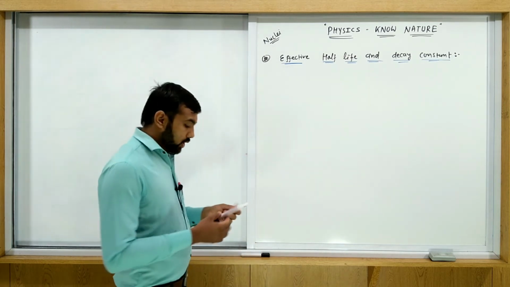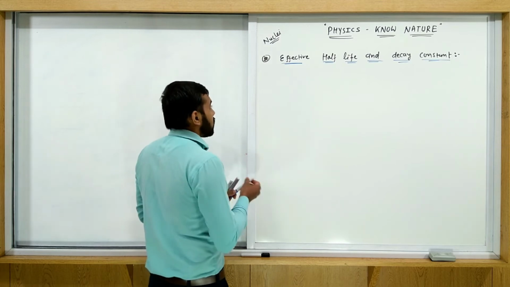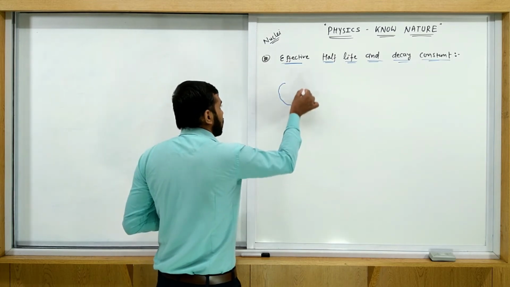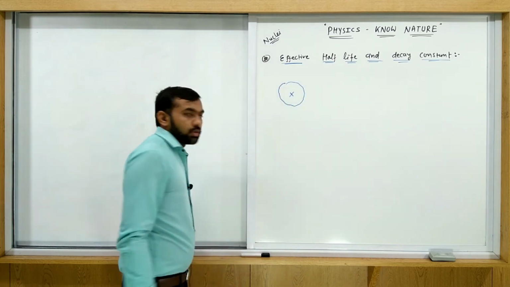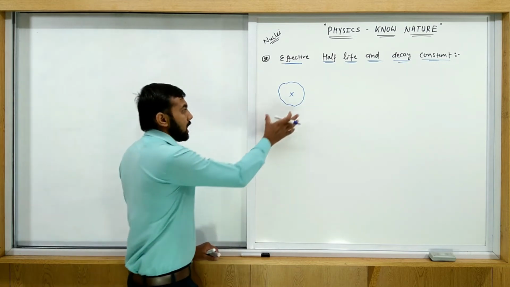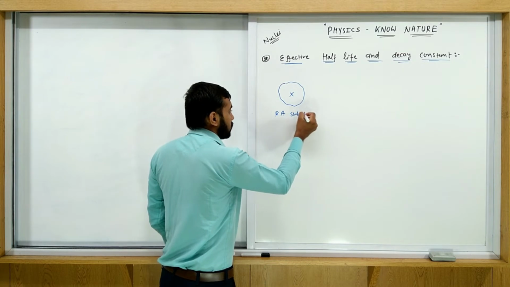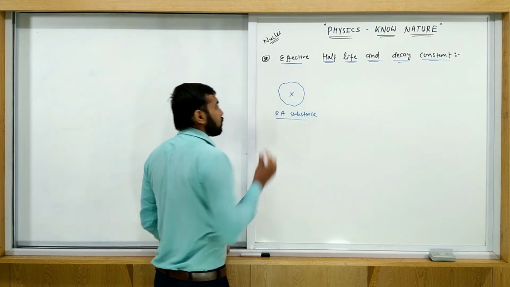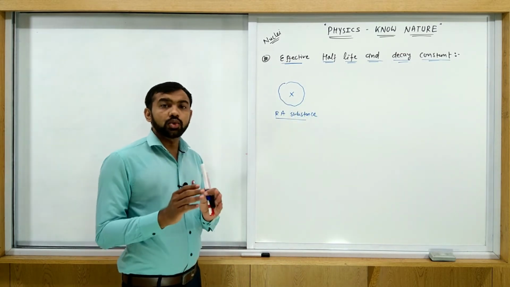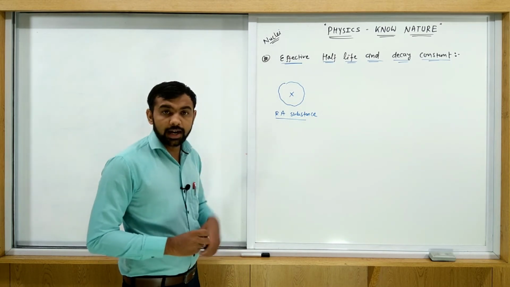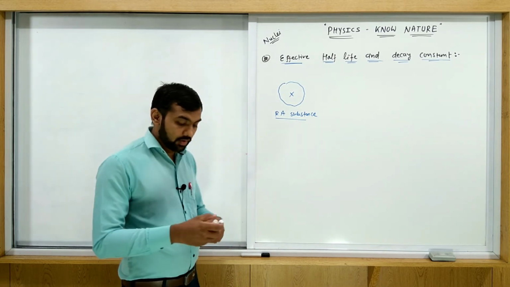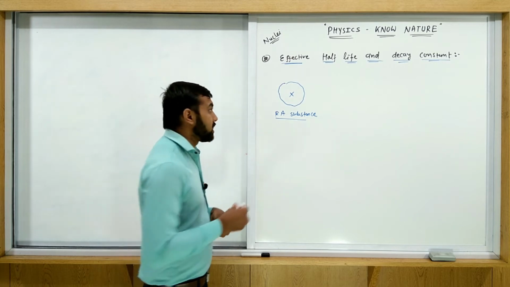For an example, you just consider some radioactive substance X. Now this substance decays into two different elements at the same time, so we call it simultaneous decay.